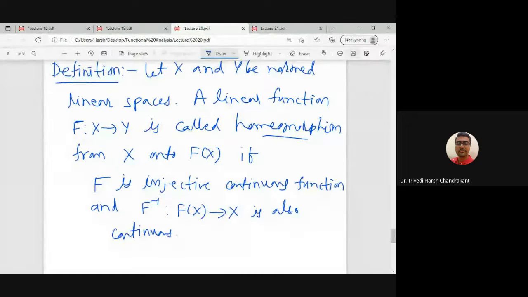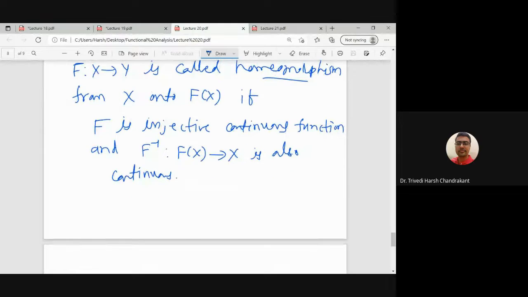The range of f is a subspace of Y, so the same norm we can consider on the range of f. We have discussed that if f is a linear function, then f inverse from the range of f to the domain is also a linear function. That is a simple result of linear algebra.